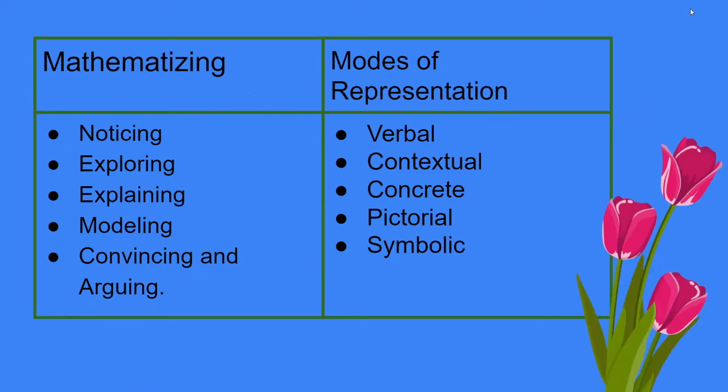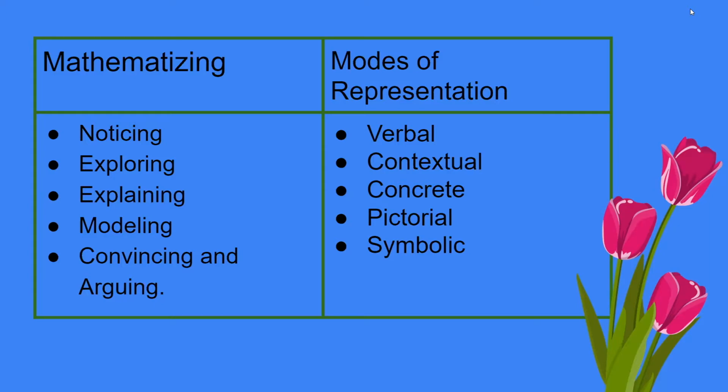So we want to mathematize word problems. What are they noticing? That's going to be the first thing. What are they noticing that's going to allow them to know what's going on in the word problem? Number two, are they exploring the word problem? Can they break that problem apart and say, this is what's happening? Are they explaining it? Are we having enough discourse, not just between you and the students, but also between the students?